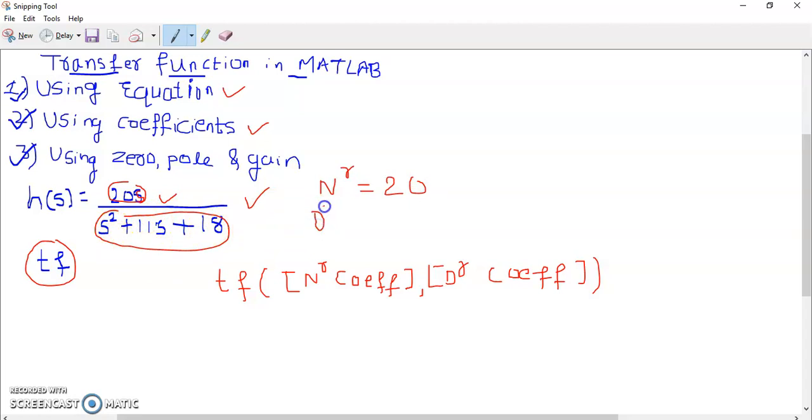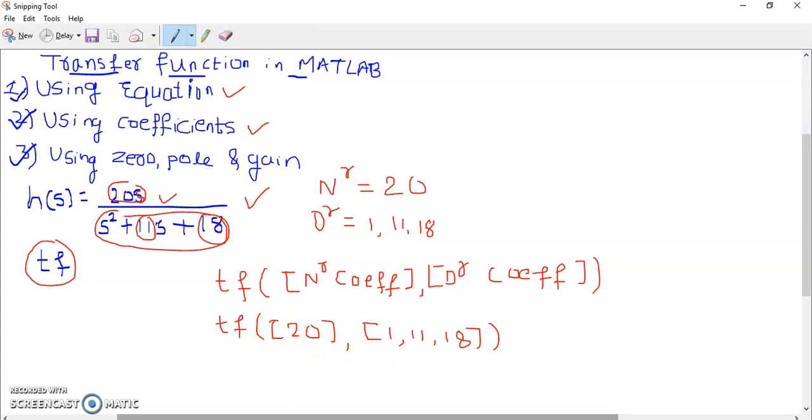The coefficient of s square is 1, coefficient of s is 11, and the constant is 18. So denominator coefficients are 1, 11, and 18. So this command will become TF, in bracket numerator coefficient 20, comma, denominator coefficients 1, 11, 18. Let us write this command in MATLAB.